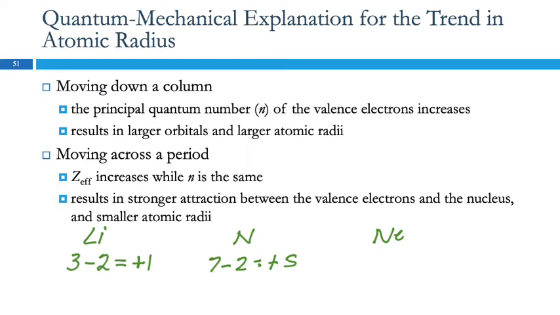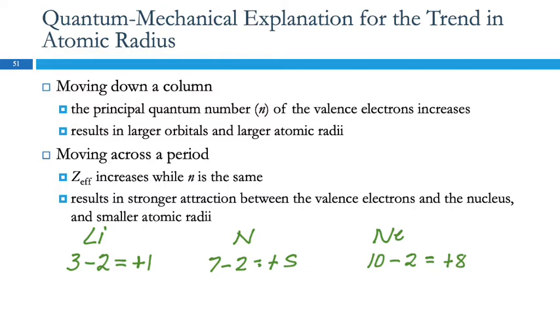How many protons does neon have? 10. And how many core electrons? 2. The number of core electrons is the same when you go across a period, because the electrons are being added into the same principal energy level.